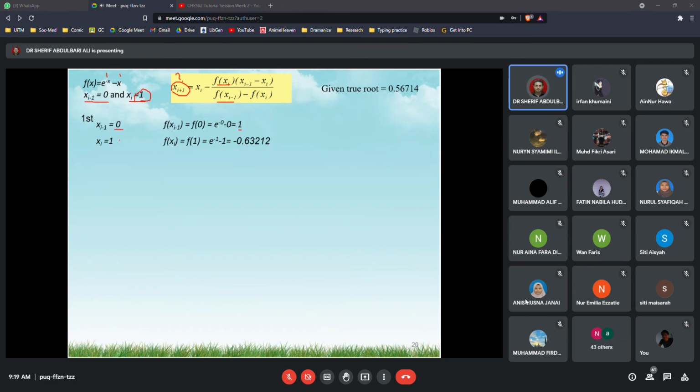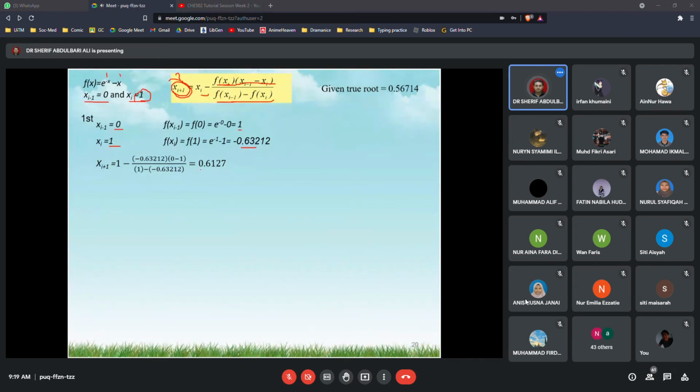So now with these four values, I can find a new value of xi plus 1 by filling in all of this. So xi plus 1 is going to be equal to 1 minus the function of x times the step size 0 minus 1, over the function of backward fx minus 1 minus the function of x.